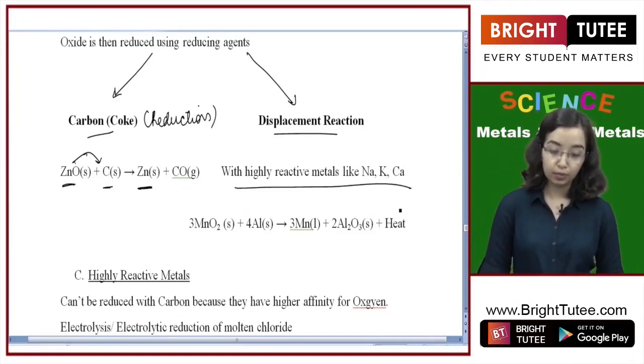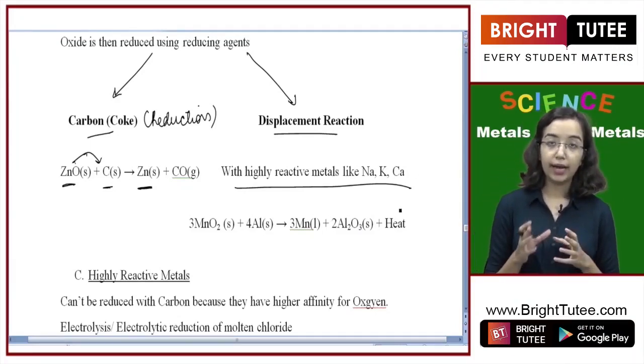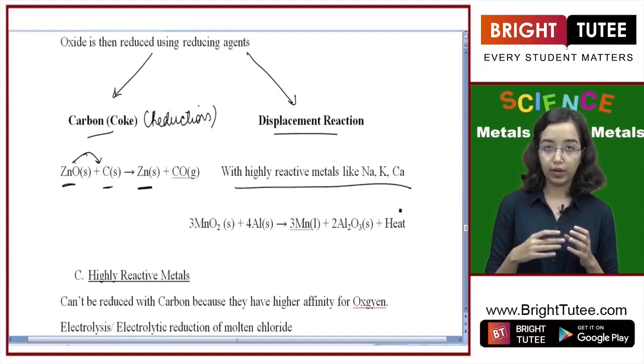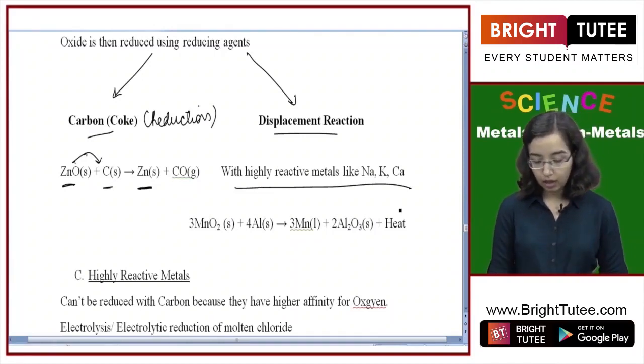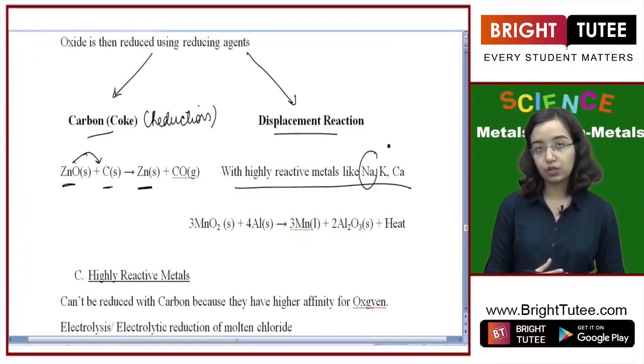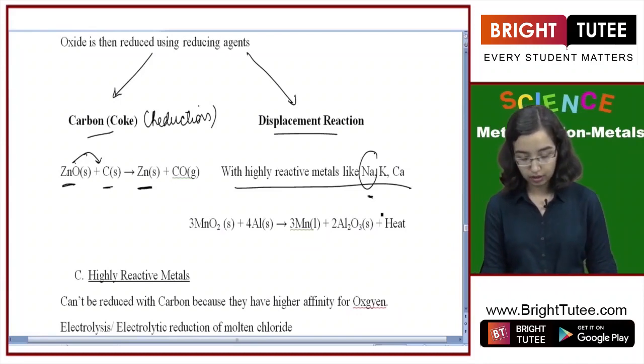So we had studied previously that highly reactive elements replace the metals of lower reactivity from their solutions or from their compounds. So in this case, when we use these elements, they replace the metal from its oxide and lead to the formation of pure metal and the oxide of these elements.